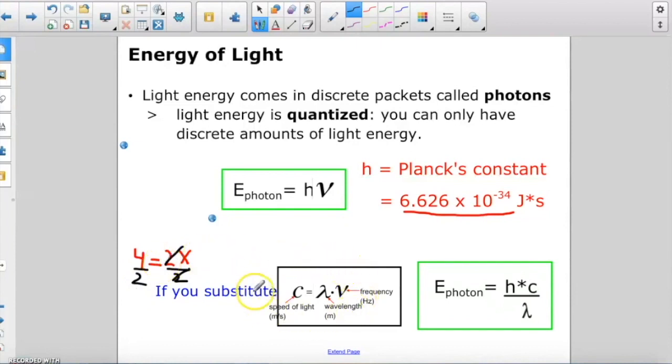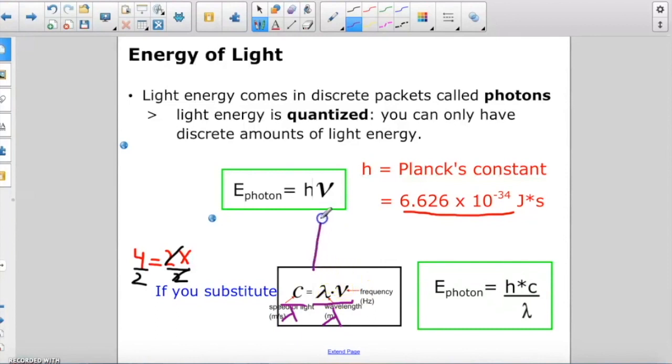Well, if I have my formula like this one, and I want to solve for the frequency, I have to do something very, very similar. I will just have to divide both sides by the wavelength, and I will be able to solve for the frequency.